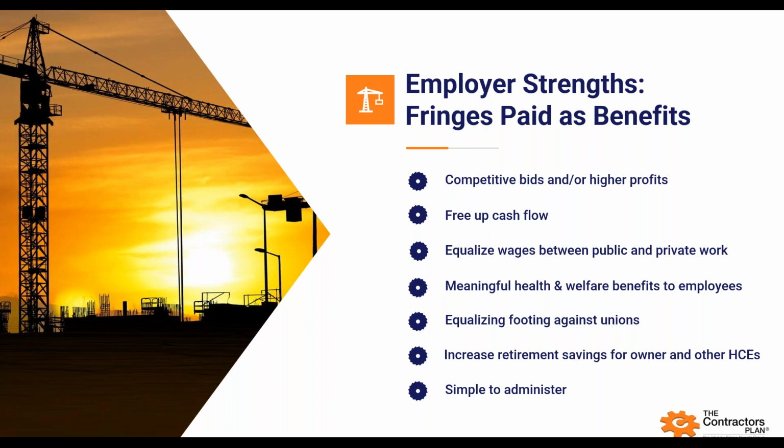Probably not. Can you reduce your materials costs? Probably not. I mean, if you're an electrician, you're probably getting your Romex for the same price as everybody else. And so your wages under prevailing wage by definition are set. And so now you're really putting yourself at a disadvantage.